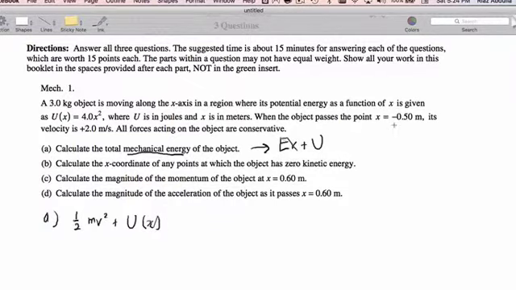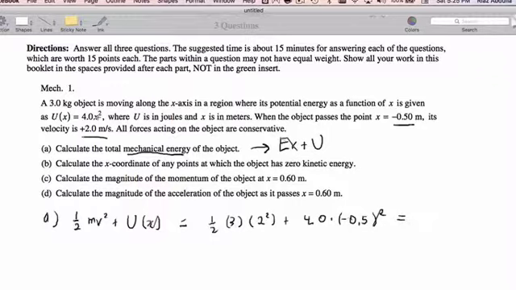So it turns out that we're at x equals negative 0.5. The speed is 2 meters per second. So we can say 1/2 times 3 times 2 squared plus 4.0 times negative 0.5 squared. So that's the energy at negative 0.5 meters when we're going 2 meters per second.